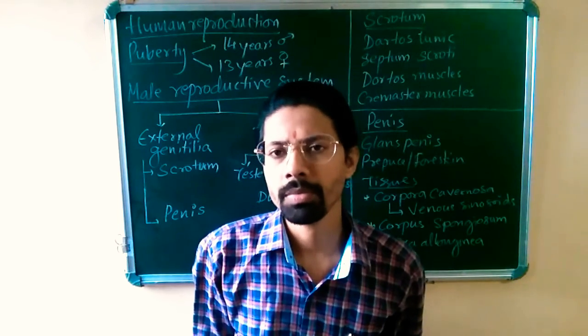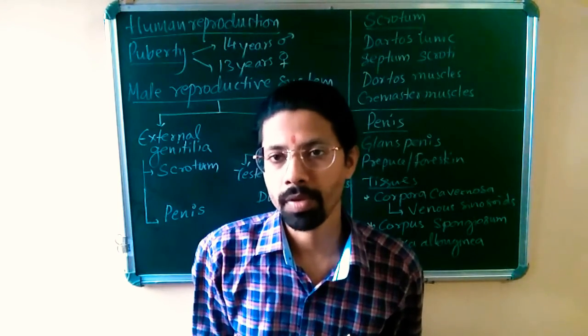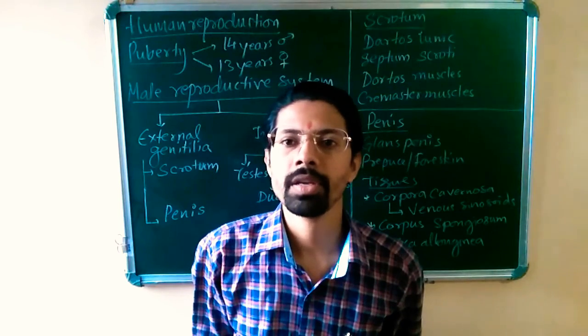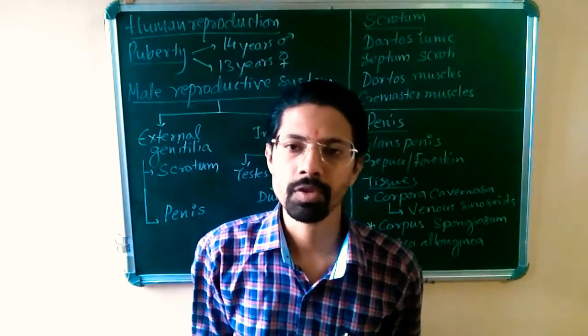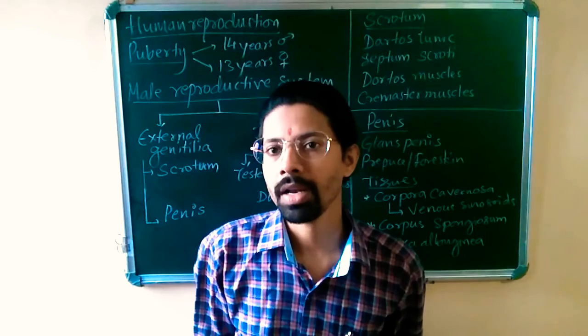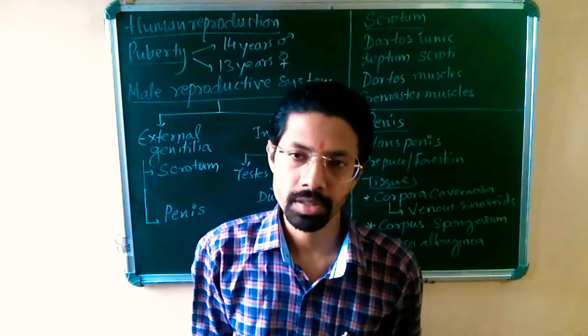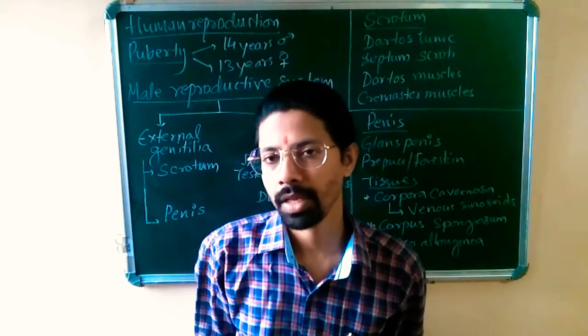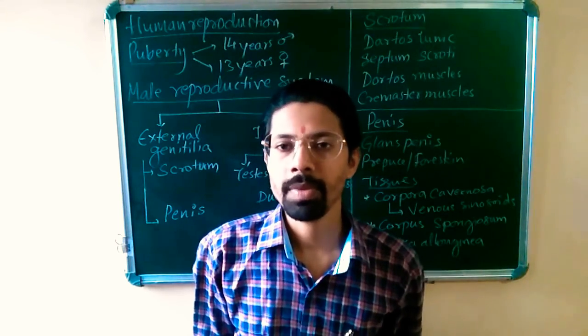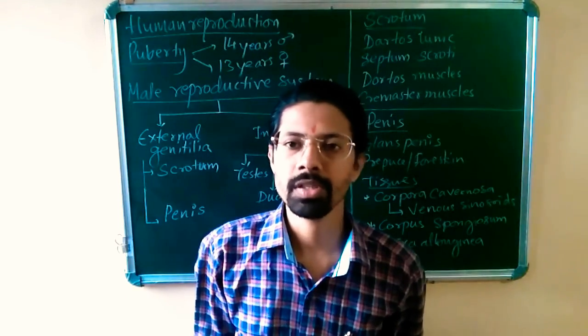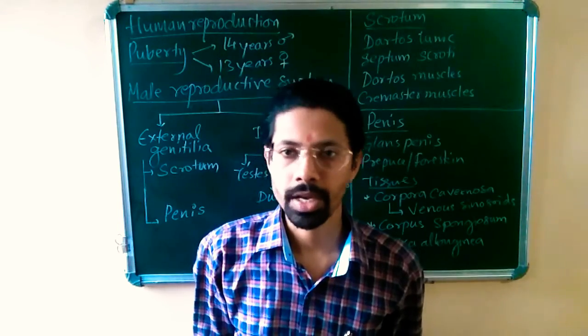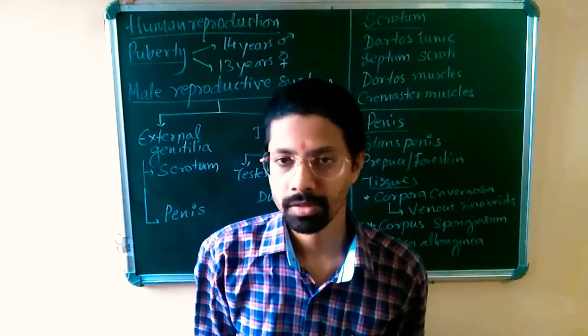If you talk about human reproduction, it's a type of sexual reproduction where male and female are separate individuals, the fertilization is internal, and there is development of embryo inside the placenta via placental mammals, and then there is viviparous nature, that is human beings directly give birth to their young ones. So we are viviparous in nature.